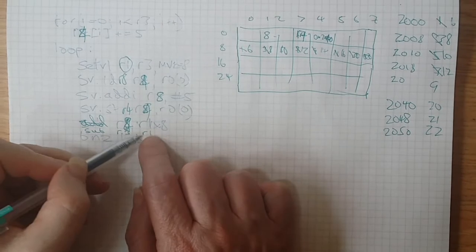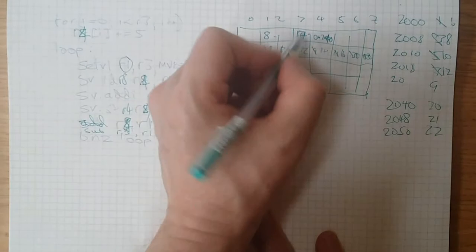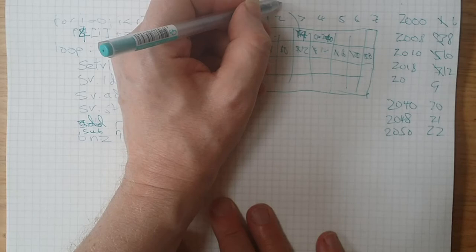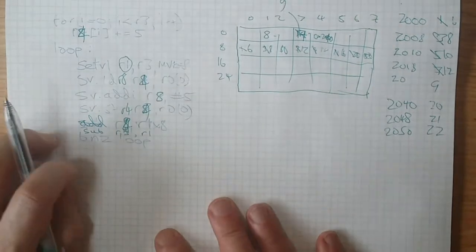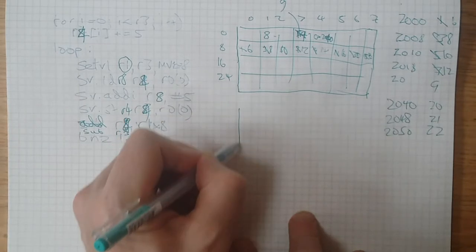R3 gets decremented by 8, so the value in R3 gets replaced: 17 minus 8 is 9, in R3. Okay, so let's draw that out again.